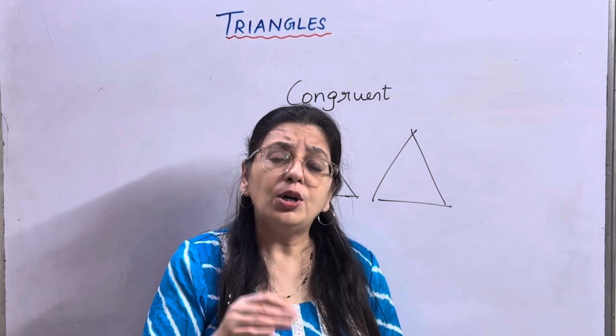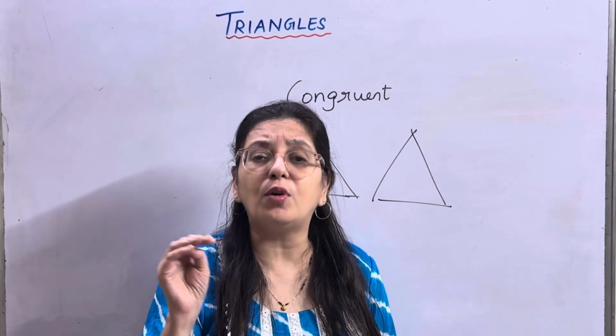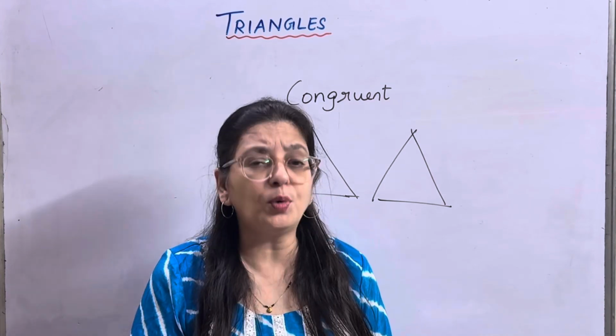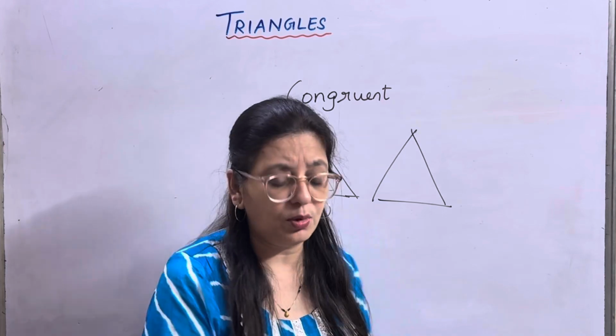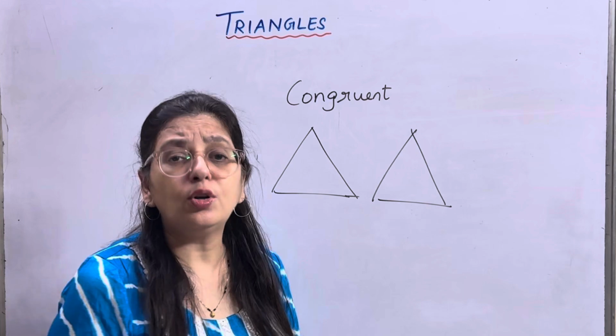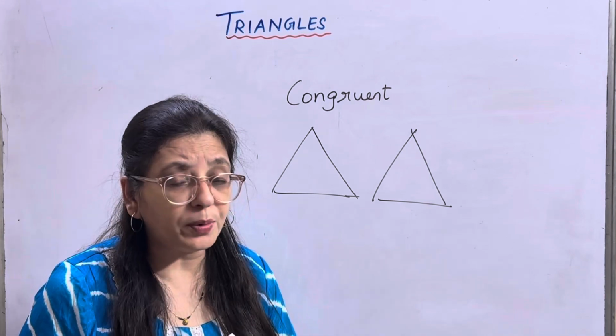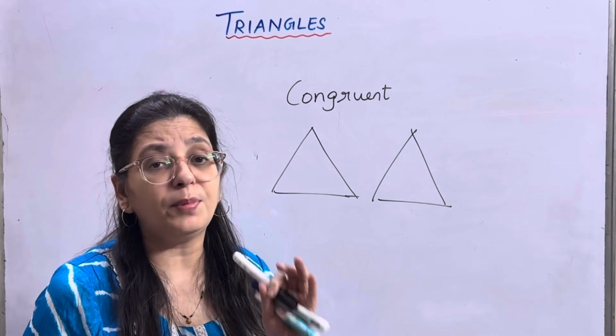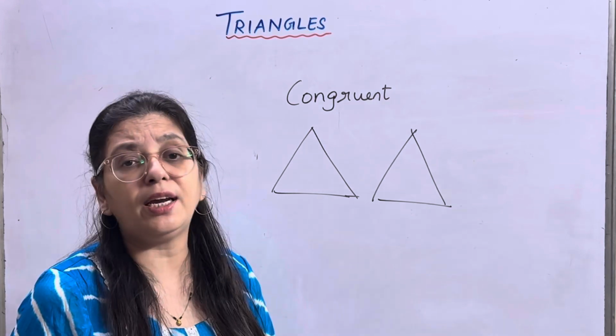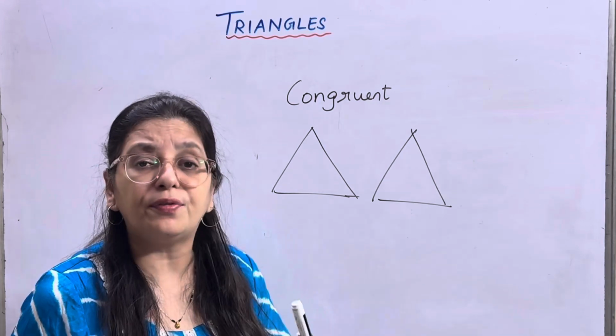Now to check the congruency of triangles, there are a few criteria or conditions that we should know. So we can say that two triangles are congruent only if the conditions are fulfilled. Now these conditions are based on different tests.